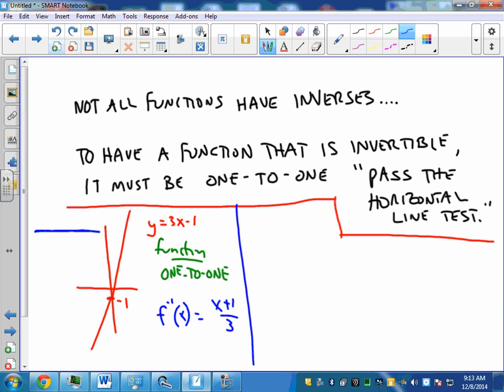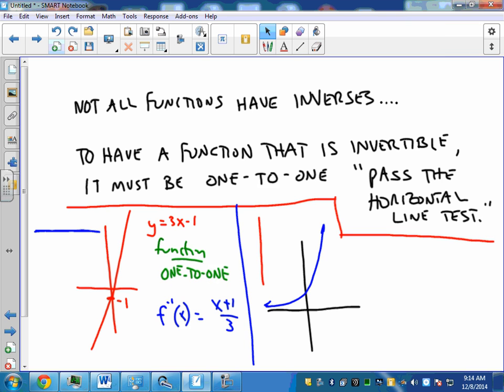So we did that. And likewise, when we looked at our growth function, let's get a little sketch of that going. The growth function was this exponential growth. And again, it passes both a vertical line test, all functions pass that, but also passes a horizontal line test. So imagine a horizontal line moving around, and it will hit this only in one spot.